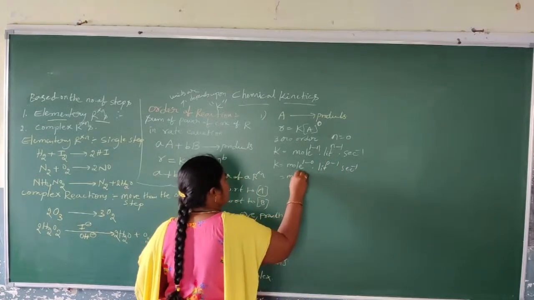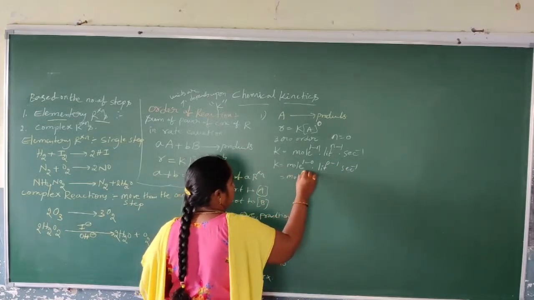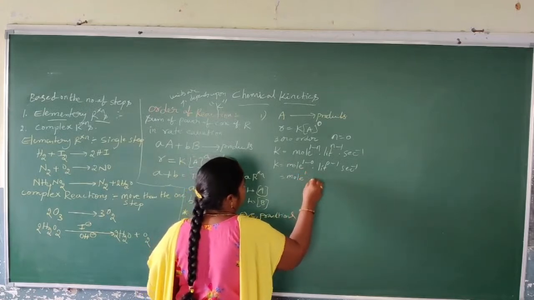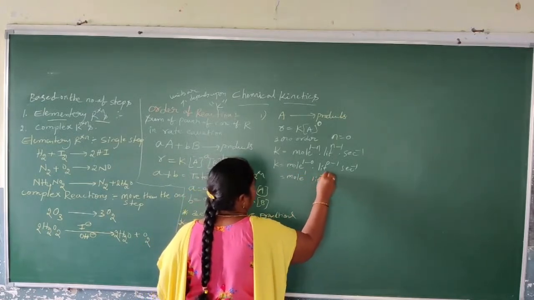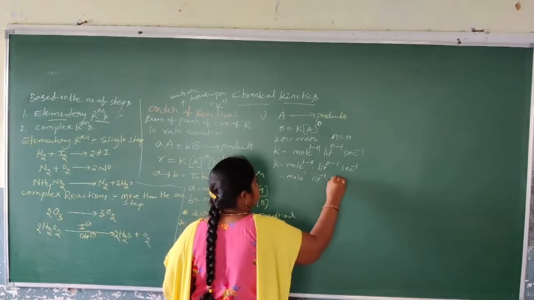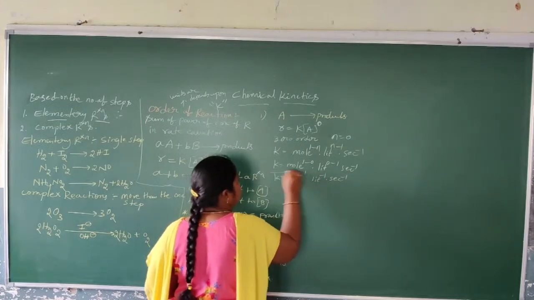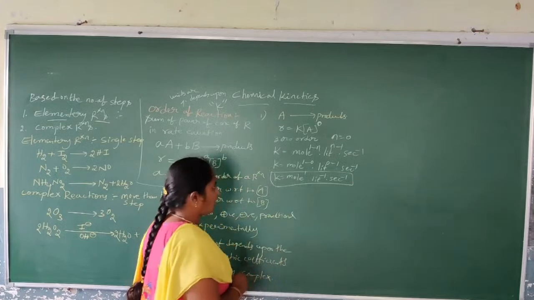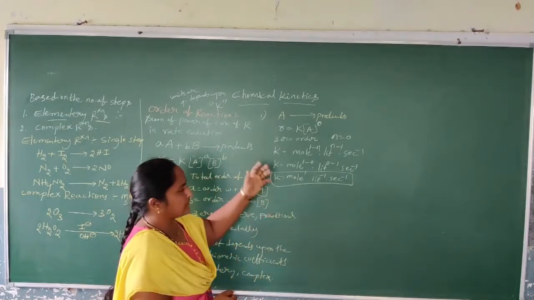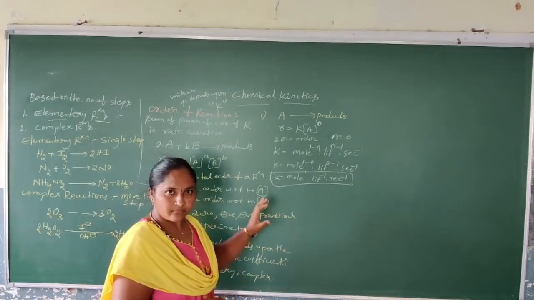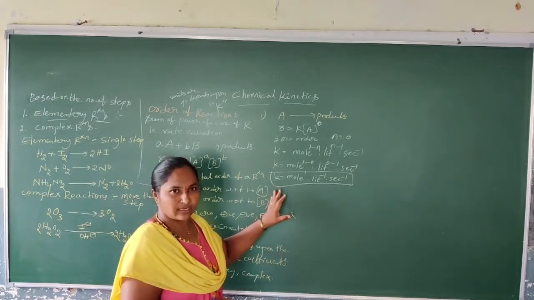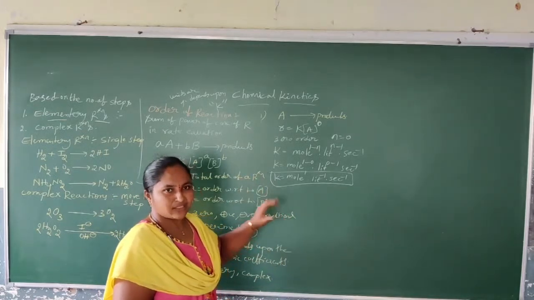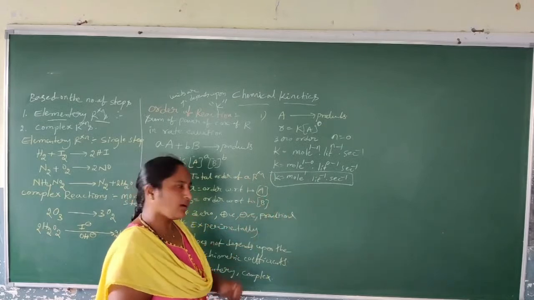After solving, mole to the power of 1, liter to the power of minus 1, and second inverse are the units for the rate constant, and also the units for the 0 order reaction.